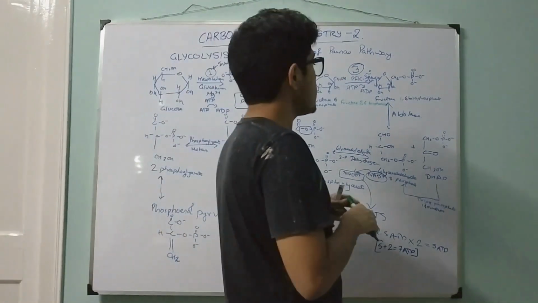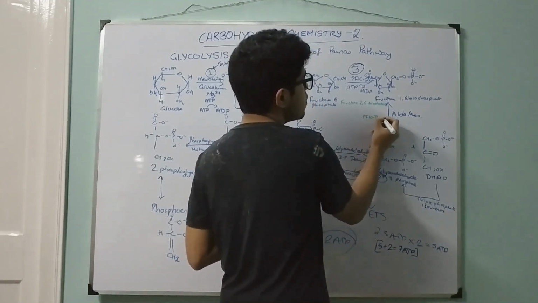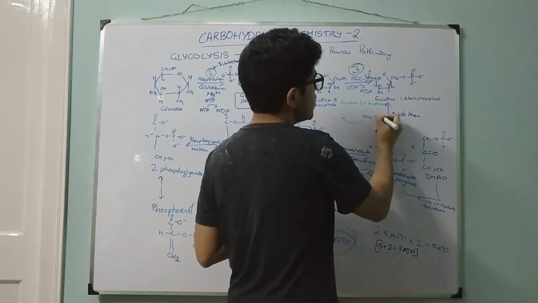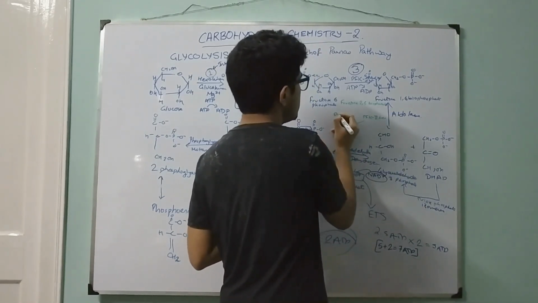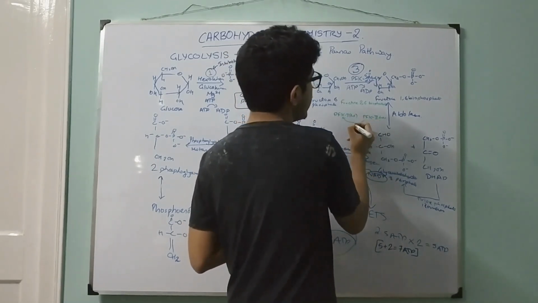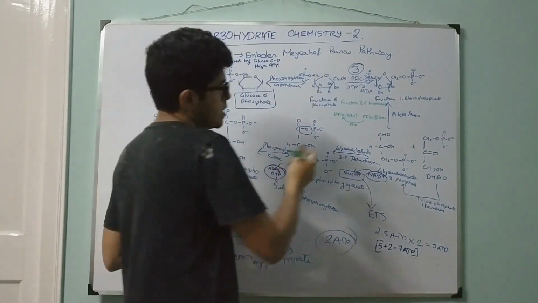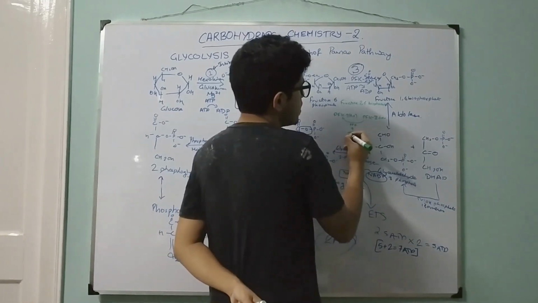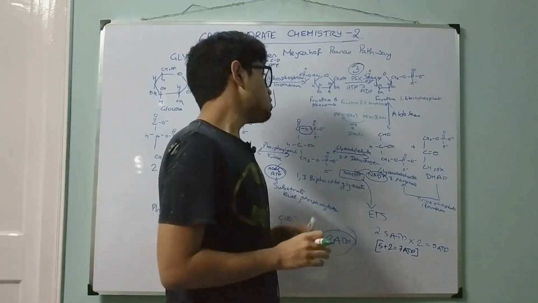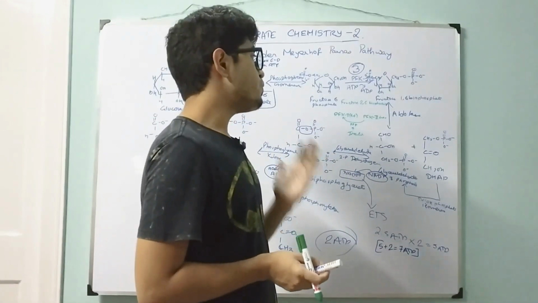So, for the conversion of phosphofructokinase 2 inactivated to phosphofructokinase 2 activated, we require an enzyme called PPP or phosphoprotein phosphatase, which is stimulated by insulin. So insulin stimulates phosphoprotein phosphatase, which will dephosphorylate the inactivated phosphofructokinase 2.